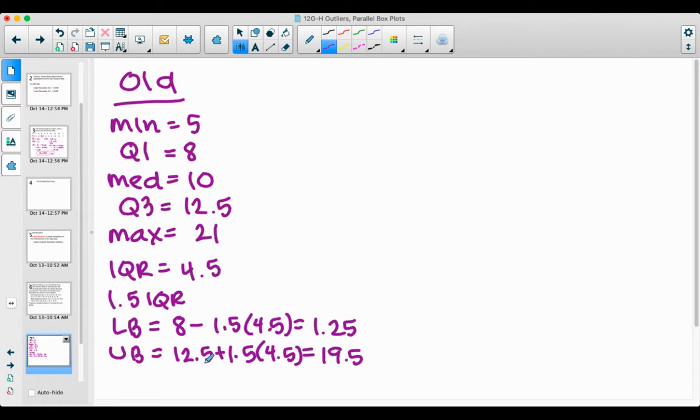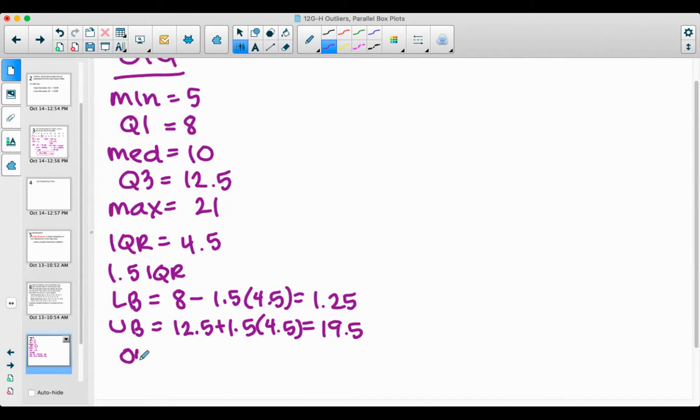Our minimum is 5, so we don't have any outliers on the bottom half, but our maximum is 21. So we do know that we have an outlier of 21. So that's our old data.